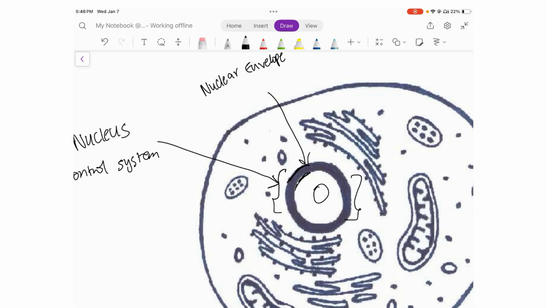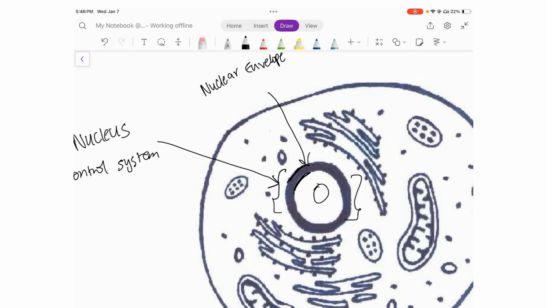It's a double membrane structure, and it contains small pores, very minute openings, spread across the nuclear membrane, known as nuclear pores. And what it does is it allows for materials to go out of the nucleus.